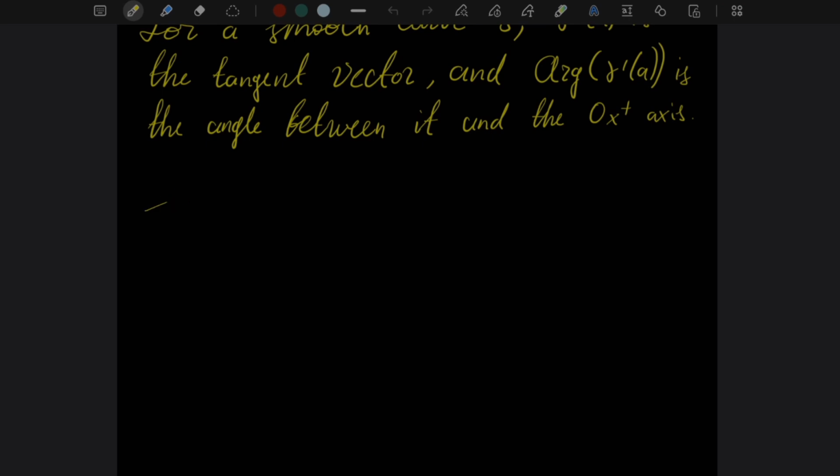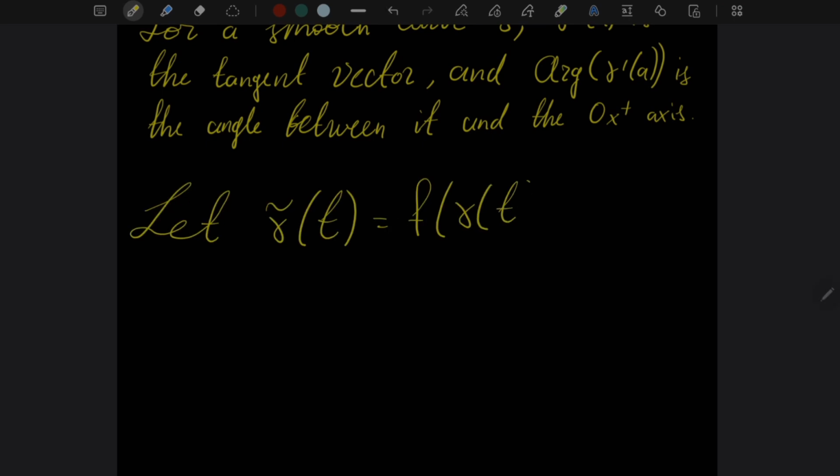Okay. Of course it is from A to B here, and let us look at the derivative of our new curve at a certain point. For example, let's take A here.